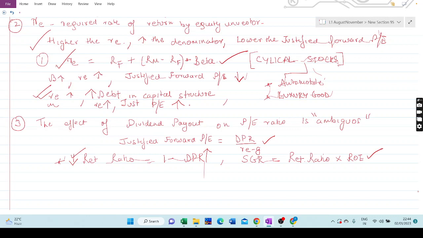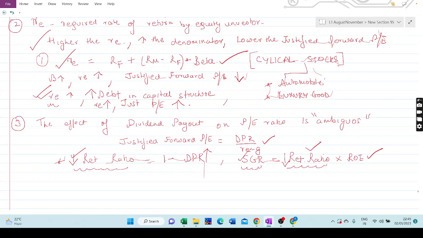And if my retention ratio is low, then my sustainable growth rate would be low. Please understand that a low retention ratio reduces the SGR.